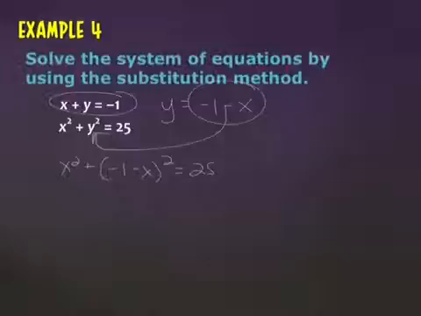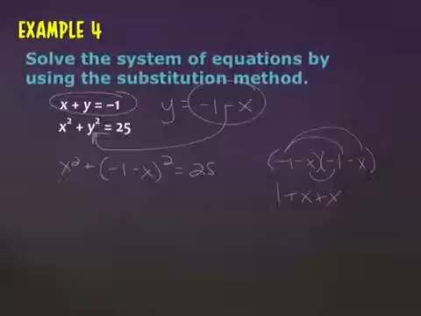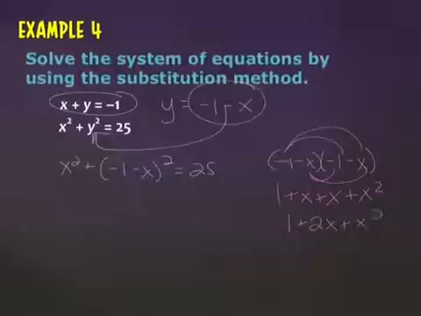I still have to expand and FOIL, but these will be a little bit easier numbers. So if I expand -1 minus x times -1 minus x and FOIL it, first is 1, outer is positive x, inner positive x, last positive x squared. And I get 1 plus 2x plus x squared.